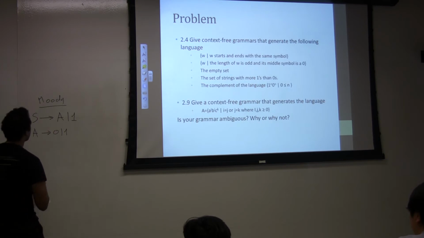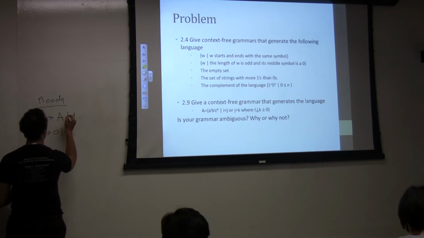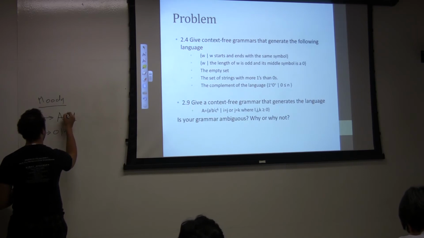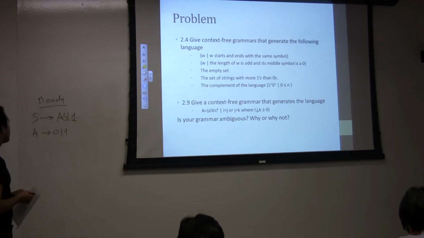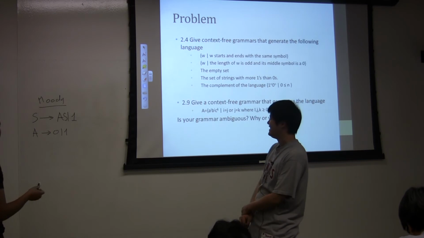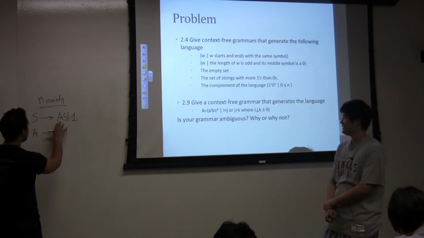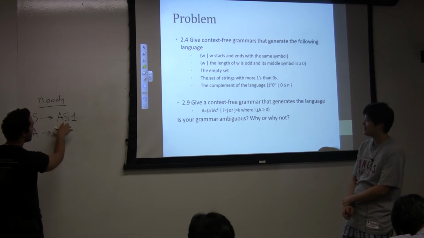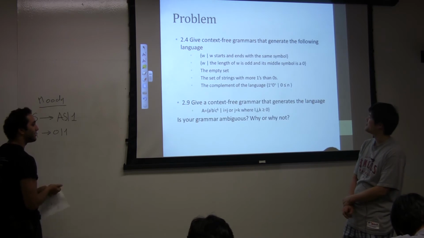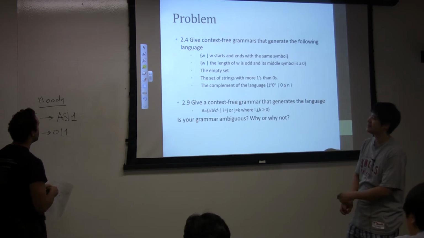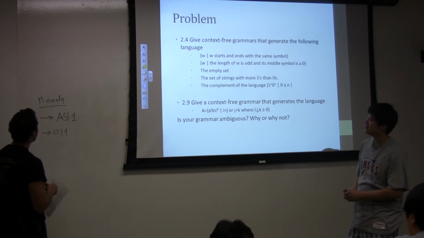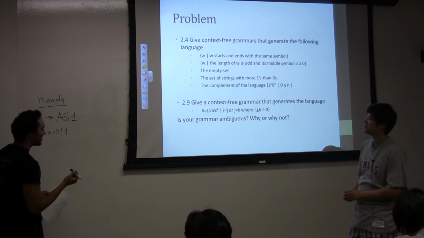Oh, wait, I have to put an S here. Okay. Can you explain? So basically, you recursively get zeros or ones, and at some point you need to add. But how do you count the number of ones or zeros? Never mind.